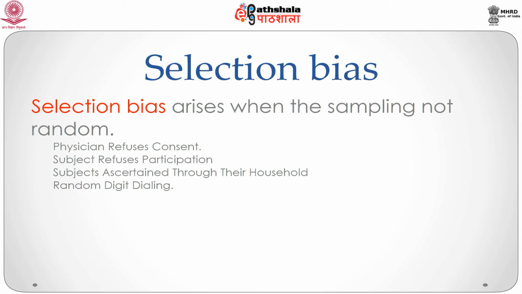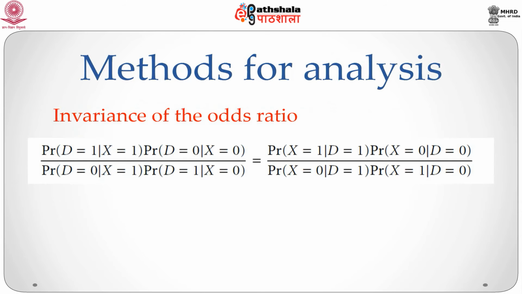Finally, if we conduct random digit dialing, then we are obviously excluding households which do not have telephones and giving more preference to households with multiple telephones. In each case, there is some bias in selecting from the underlying cohort. In going to the methods for analysis, our motivation here was to establish the invariance of the odds ratio.